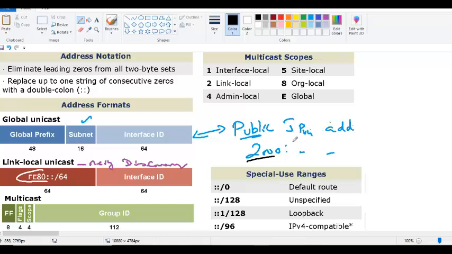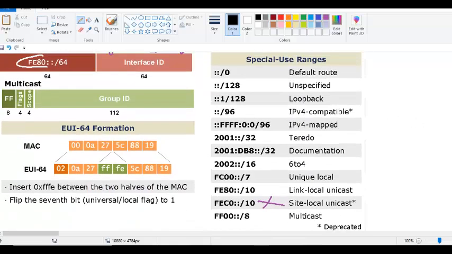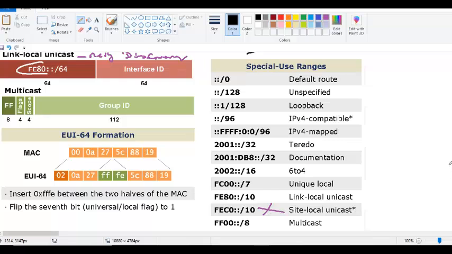Multicast address will always start with FF. You see, always start with FF. And the flag will be varying. We'll talk about the flag later. It will be mostly 0. For example, if it is OSPF, you will have multicast address FF02.